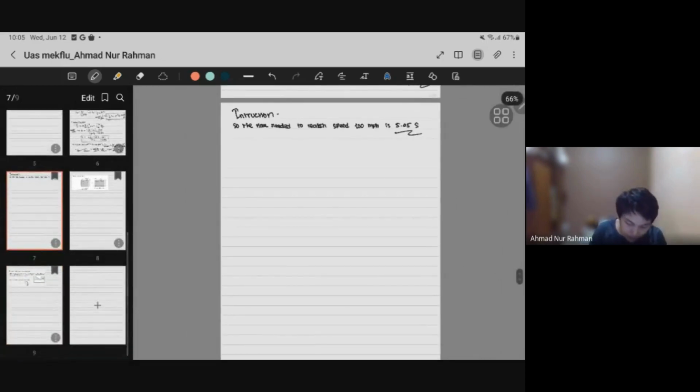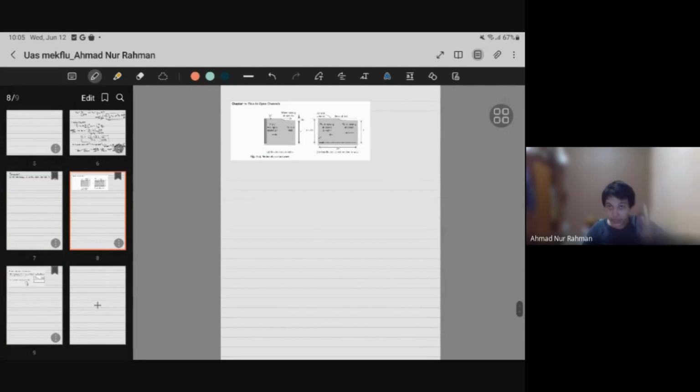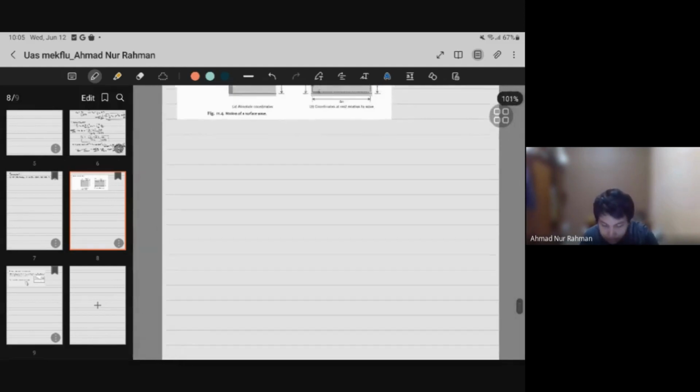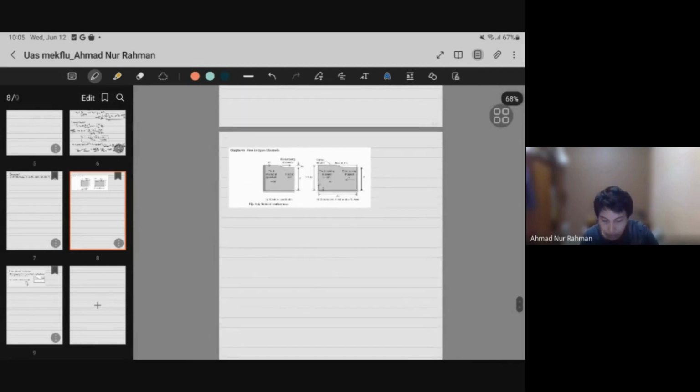Now we begin the next problem. So if I read it correctly, this is how we can find the equation that happened here.